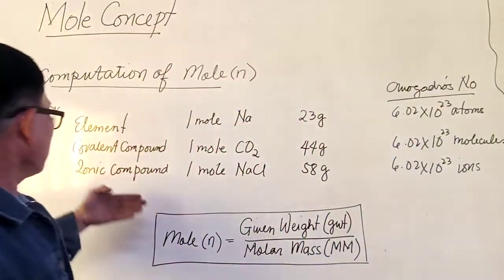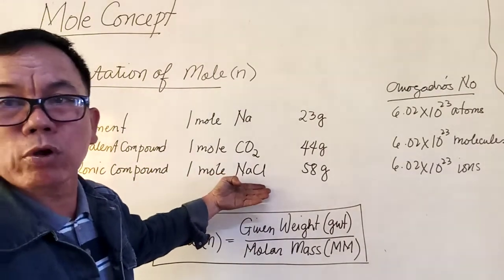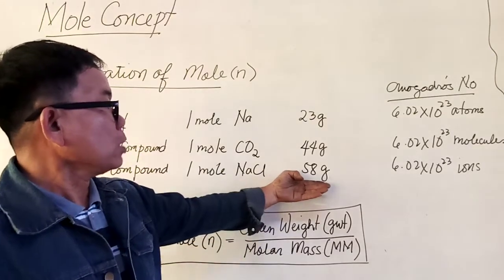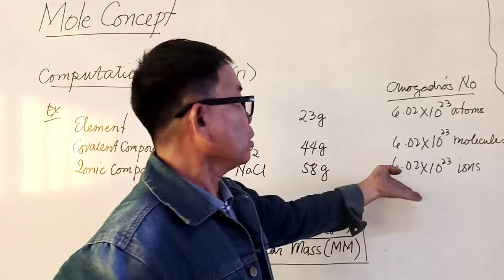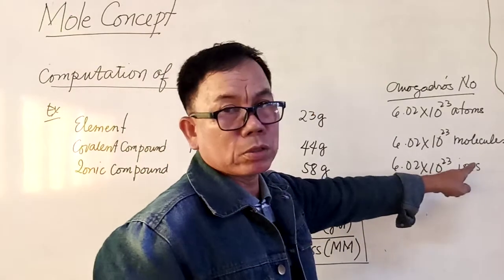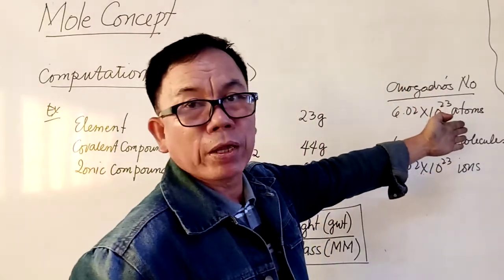Another example is an ionic compound. If you have 1 mole of sodium chloride, which is our common table salt, its formula mass is 58 grams, and it also contains 6.02 times 10 to the 23rd ions. Take note of the units of the particles.